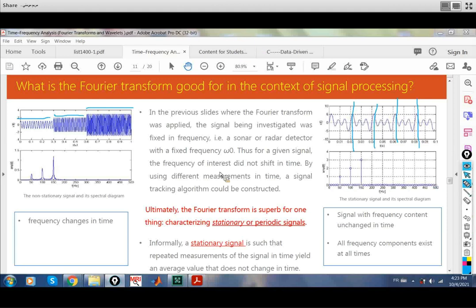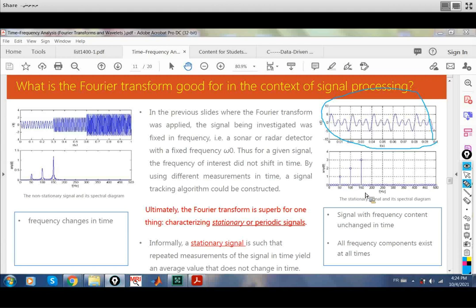By our knowledge till now, the Fourier transform is good for this type of signal, but it is not good for the left. Because for the left, we can only say that we have 50, 100, and 150 frequency, and we cannot say the location of it. And again, consider the Fourier transform of the right signal.